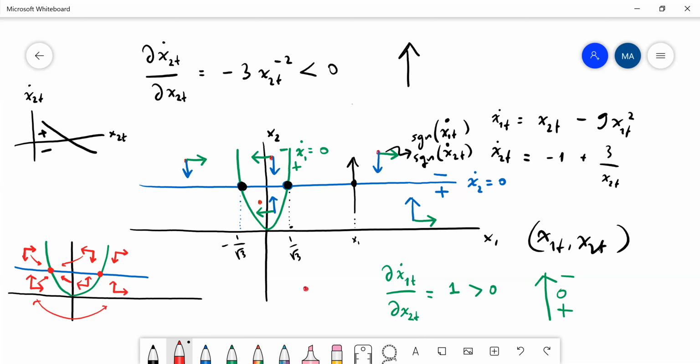What happens here? Here, we have something like this actually, right? So this is stable, I understand that. How about this? Can I be certain about stability or instability of this?